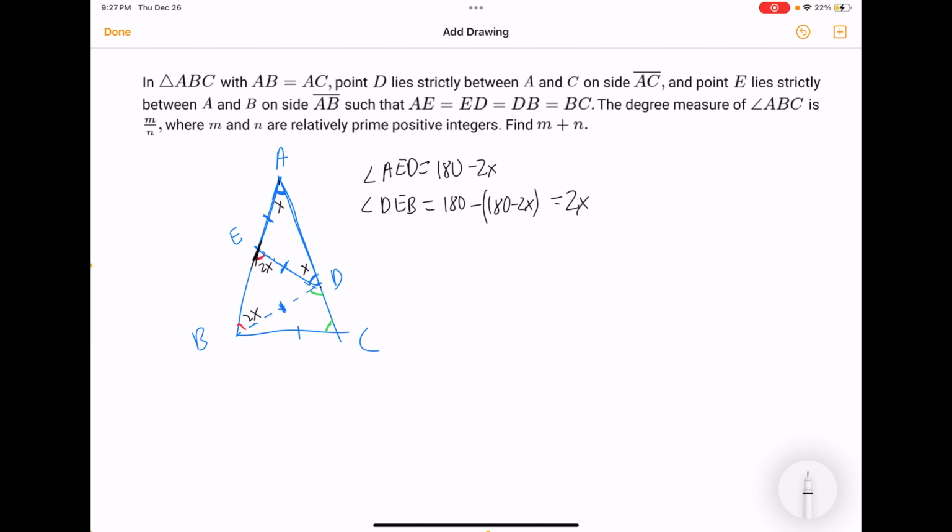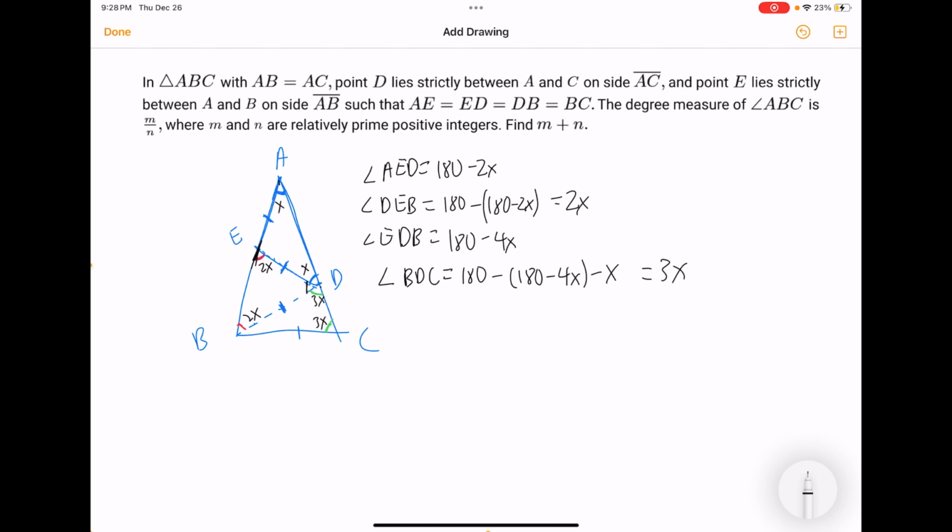So that means that this is 2x, therefore this is also 2x. And so we also know that angle EDB, so this angle, is equal to 180 minus 4x. And so angle BDC is 180 minus (180 minus 4x) minus x, which gives us, so this is 3x, this is 3x.